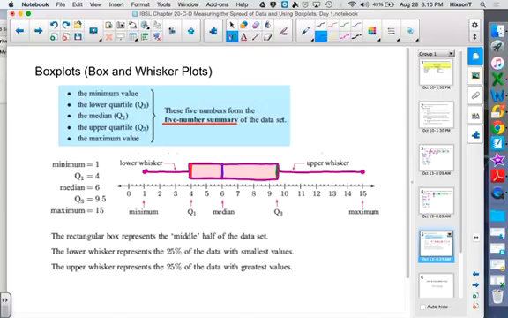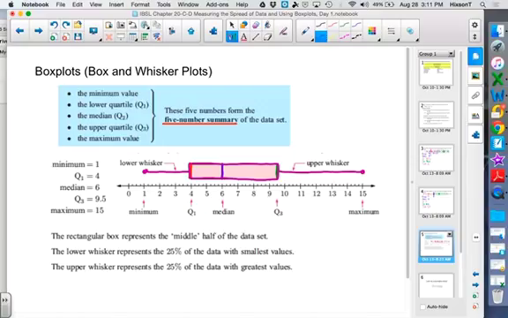But let's take a look at what all this stands for. The rectangular box from quartile 1 to quartile 3 is the middle 50%. This is where the middle 50% lies, in that interquartile range. The lower whisker shows us the bottom 25%, and the upper whisker shows us the upper 25%.